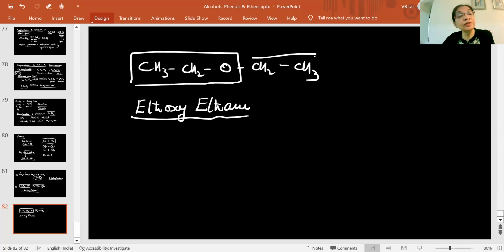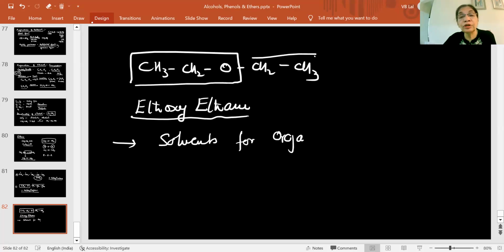Why are these ethers important? They are good solvents for organic compounds. In many reactions, you have seen sodium and dry ether. You see it in Grignard synthesis, in Wurtz reaction, many times we write ether on the arrow because they are good solvents for organic compounds.